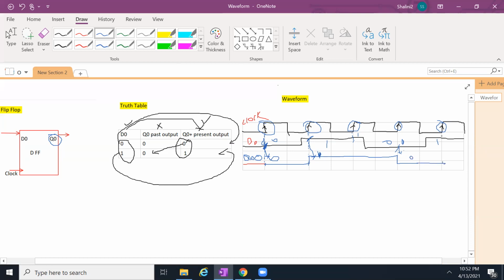At the next positive edge, we have D0 input as 1, so the output will continue with the 1 value. Like this, the D flip flop works. Okay. Thank you.